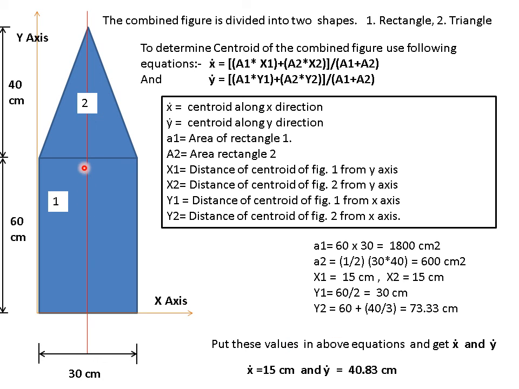Then y2 is the distance of the centroid of this triangle, measured from the x-axis. From the x-axis this is already 60 centimeter, so 60 plus the centroid of this. The centroid of a triangle lies at h by 3. So this distance is 40 by 3 and this is 60. So 60 plus 40 by 3, you get 73.33 centimeters.